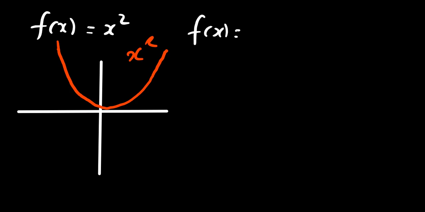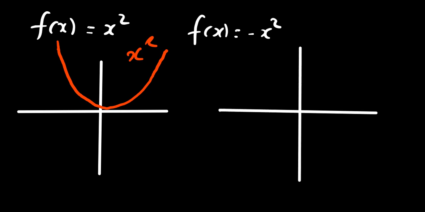Then what if you're asked to graph f(x) = -x², with a negative in front like that? How are you now going to graph this type of quadratic? Let's say this is our y-axis, this is our x-axis.